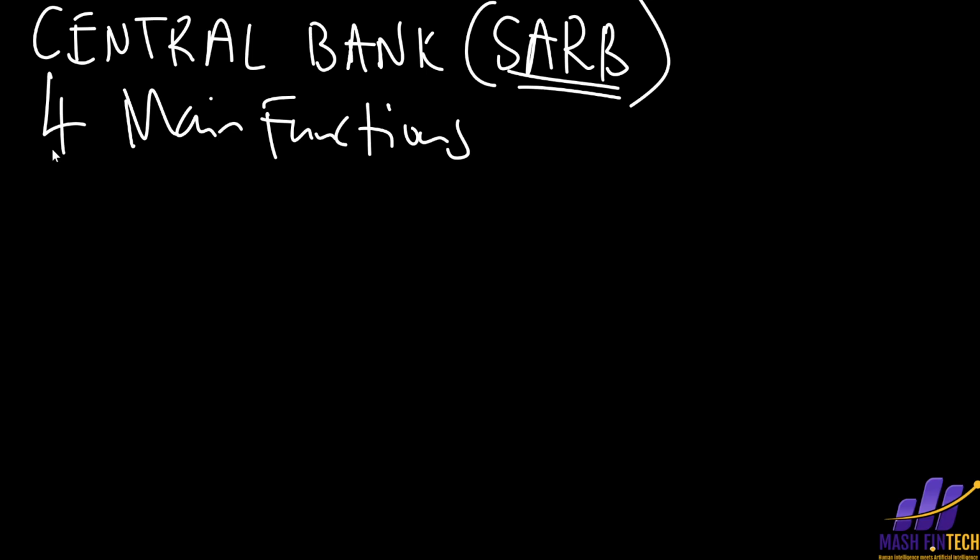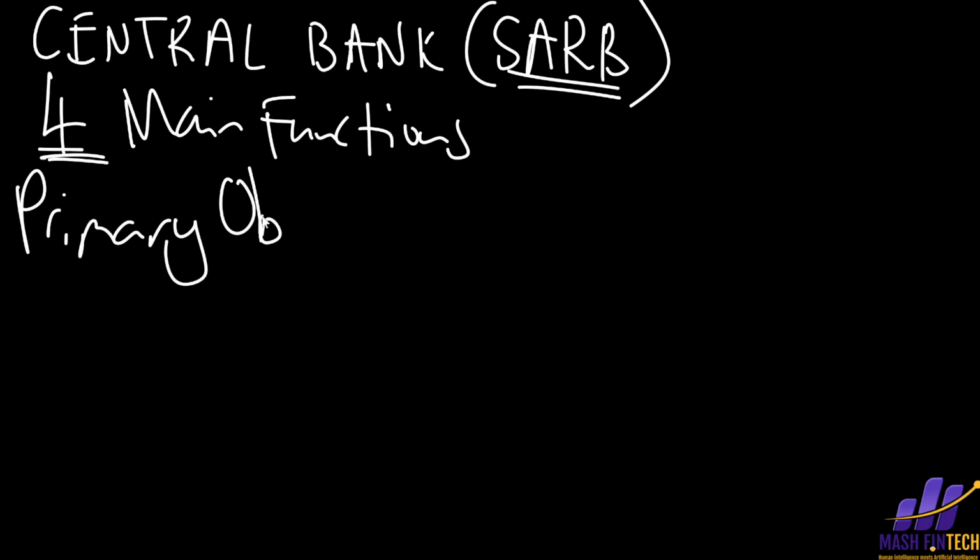But before we talk about these 4 main functions, these functions are being performed to do what exactly? The primary objective, according to an Act of Parliament, the primary objective of the Reserve Bank, these functions have to align with it. And this primary objective is to maintain price stability.